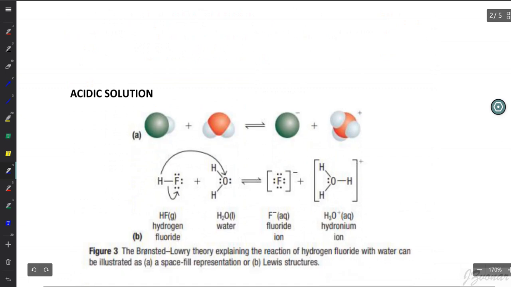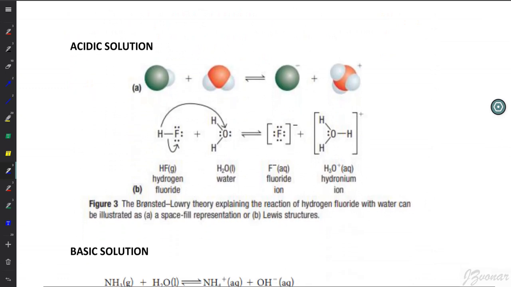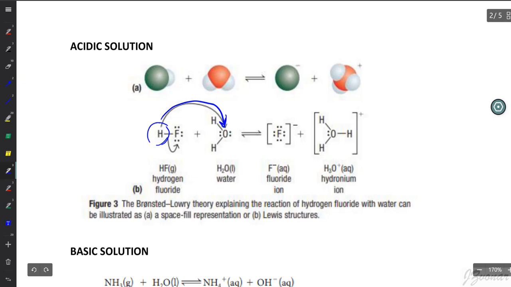Let's take a look at what's taking place here. In an acidic solution, if we have hydrogen fluoride and we place it in water, one of these hydrogens is donated to the water molecule.